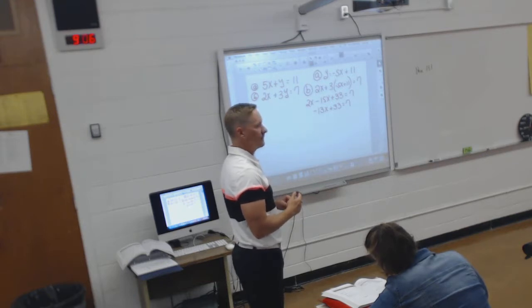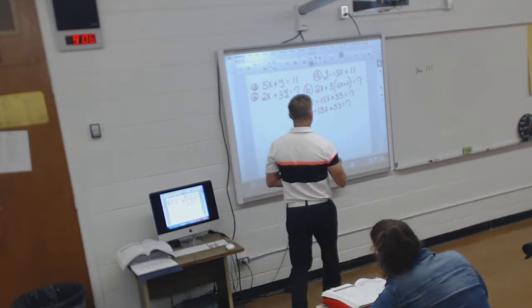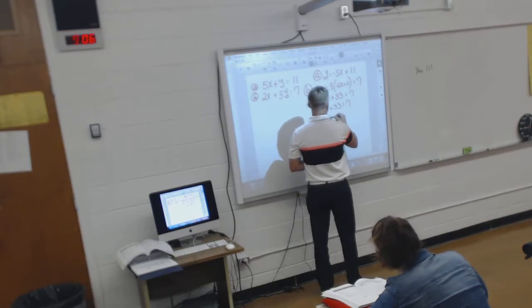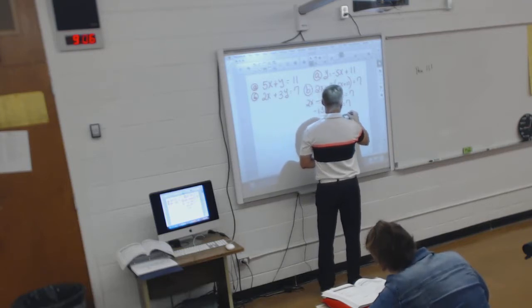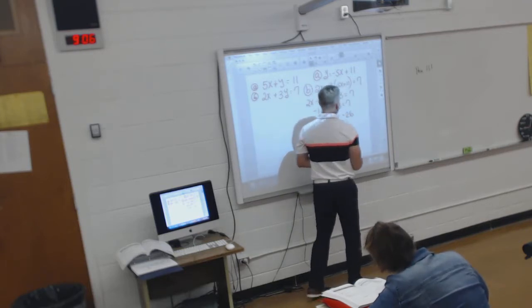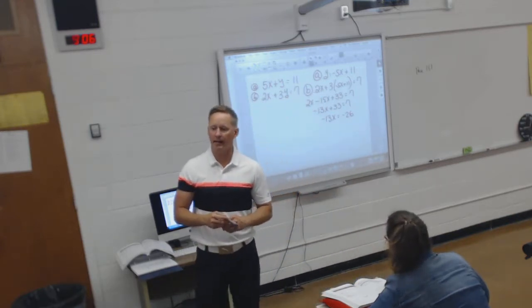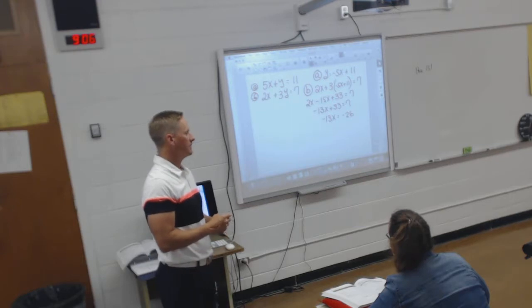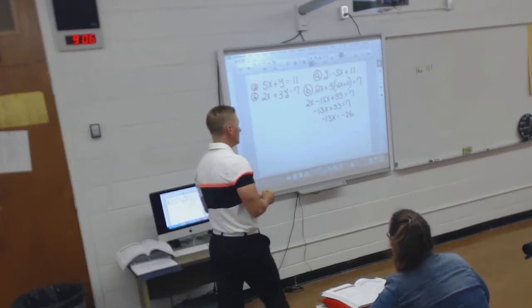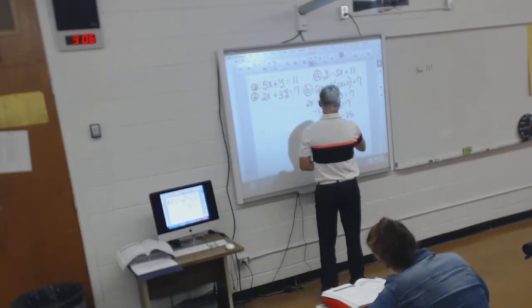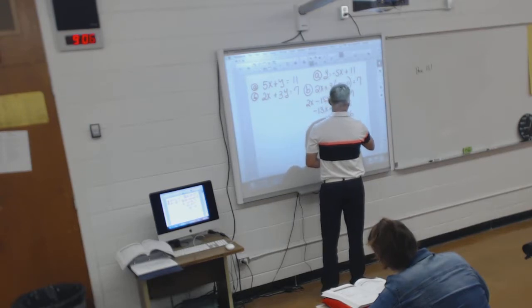What's the first step? Subtract 33. Minus 13x equals minus 26. What's my last step then? Divide by minus 13. Very good. X is equal to 2.